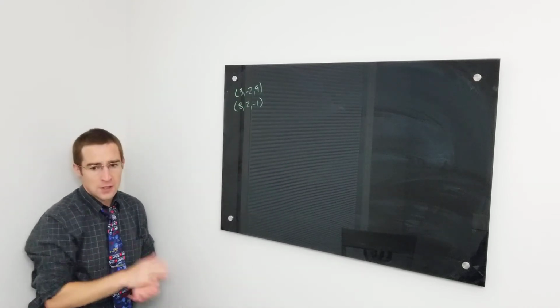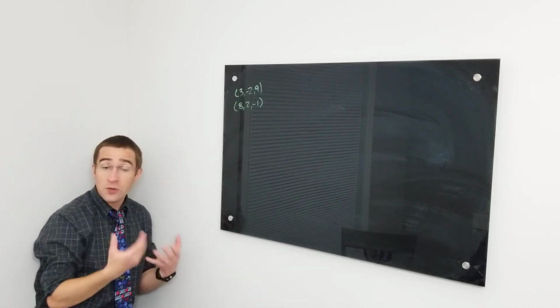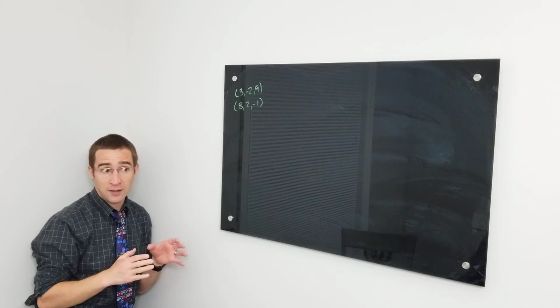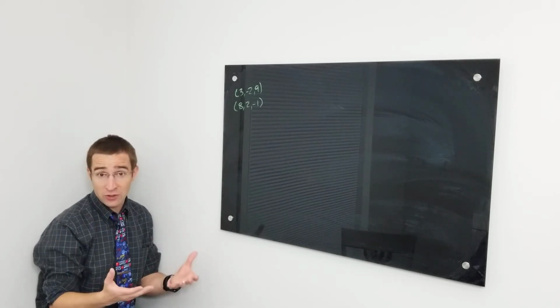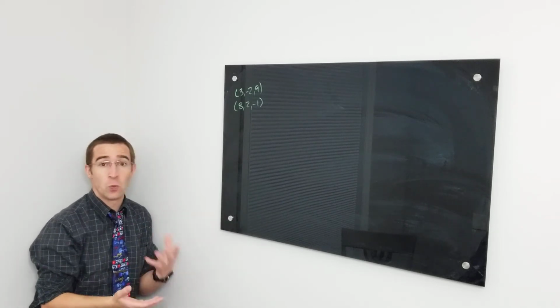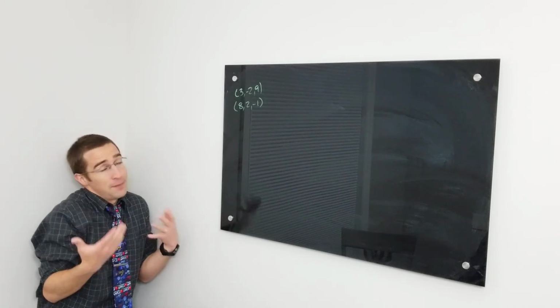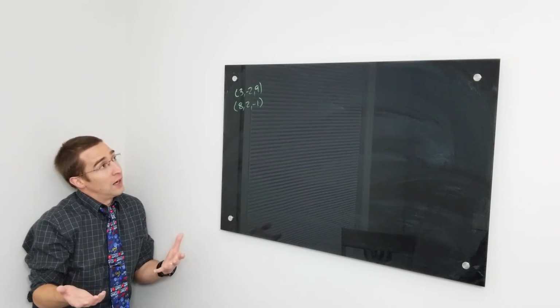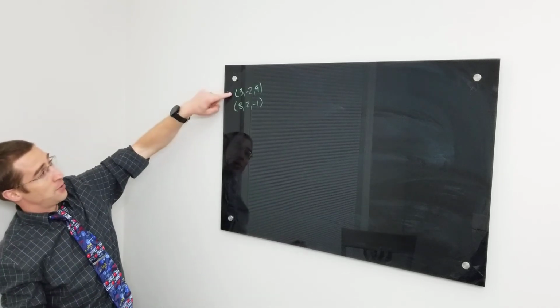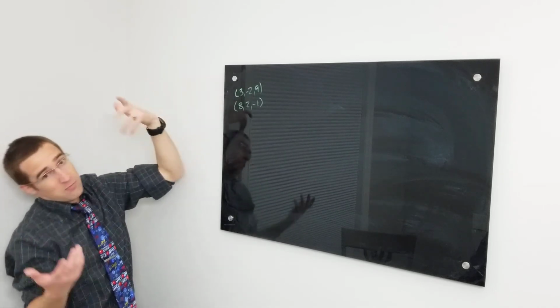What we're going to do here is use these 2 points to find the vector between them. So we're going to assign one of them as the initial point. Doesn't matter which one, just pick one. I'm going to make this one my initial point, because I wrote it first.